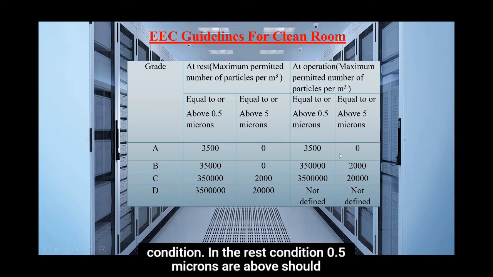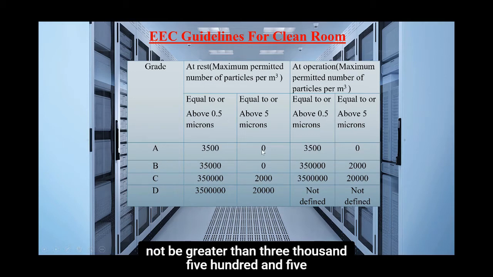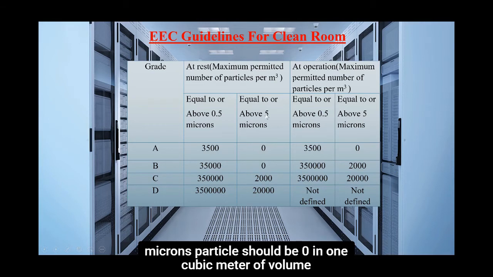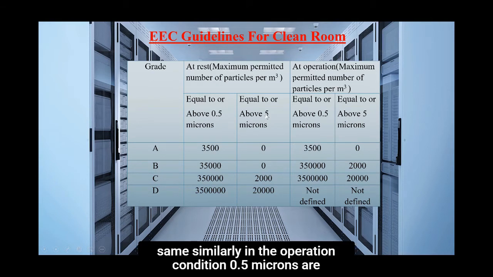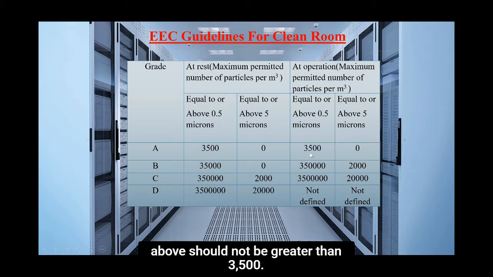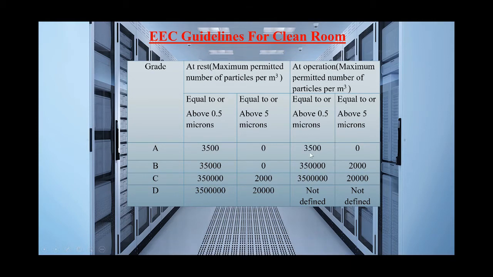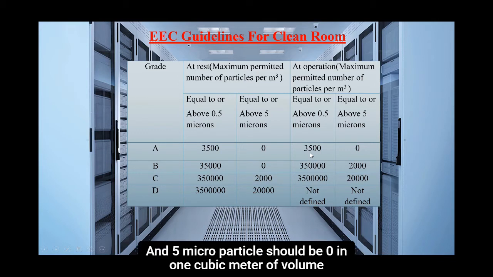In the rest condition, particles of 0.5 microns or above should not be greater than 3500, and 5 micron particles should be 0 in 1 cubic meter of volume. Similarly, in the operation condition, 0.5 microns or above should not be greater than 3500 and 5 micron particles should be 0 in 1 cubic meter of volume.